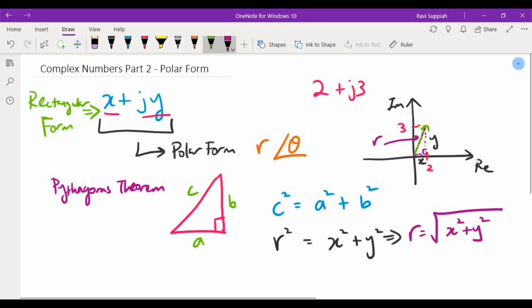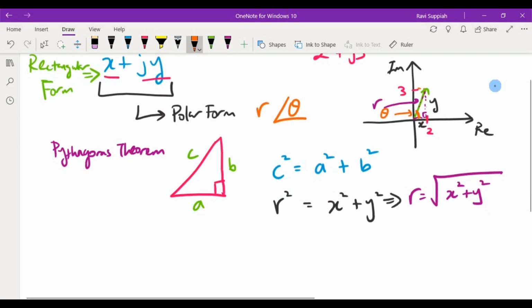So how about theta? Theta is this angle over here. Since this is a right angle triangle and we know x and y, for this angle theta, we can say that x is the adjacent.